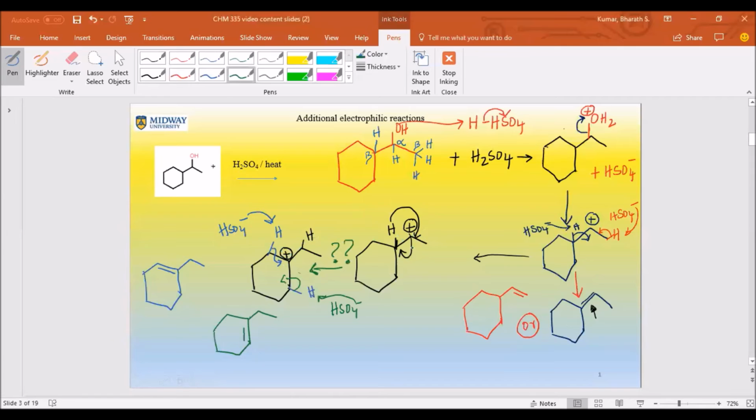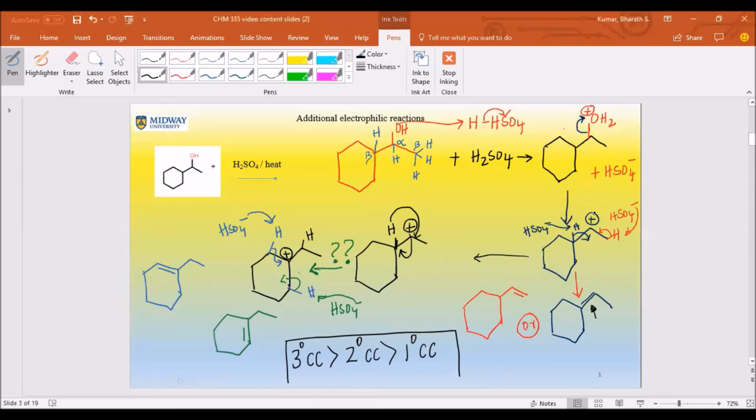Because remember this, I'm going to make a box and write underneath it, because that's the information I want to drive. Something we have already learned is that a tertiary carbocation is more stable than a secondary carbocation, which is more stable than a primary carbocation.